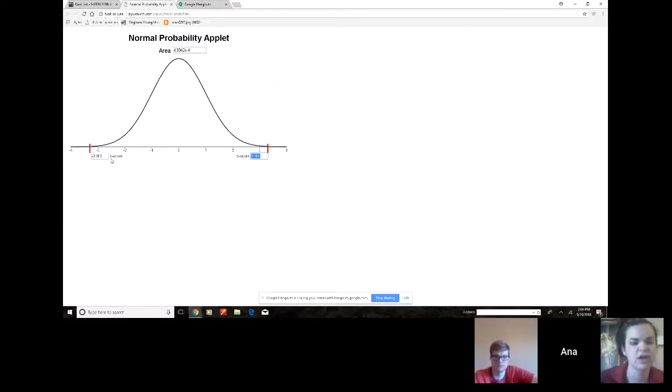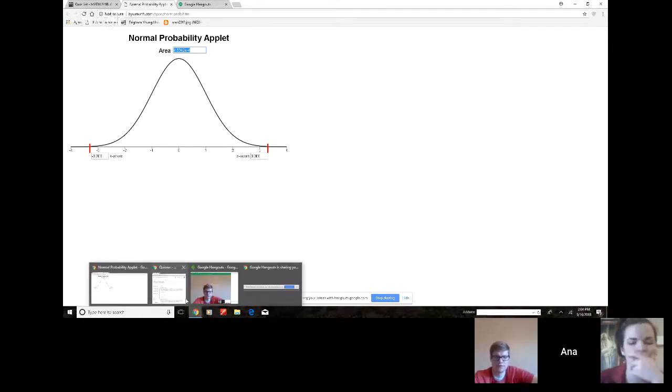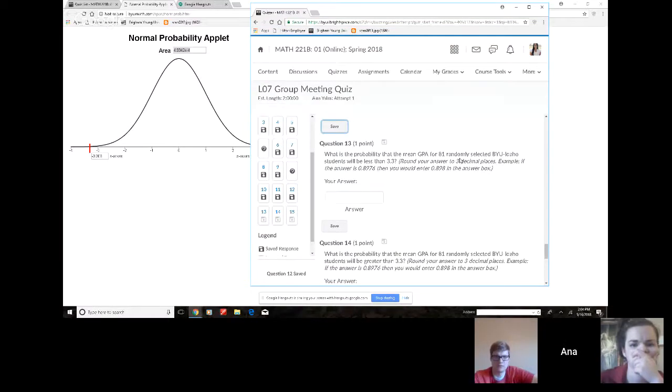Wait, so try clicking on the middle. The correct answer that I got was supposed to be 0.005. So I'm trying to remember how.